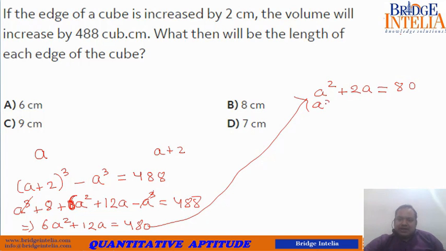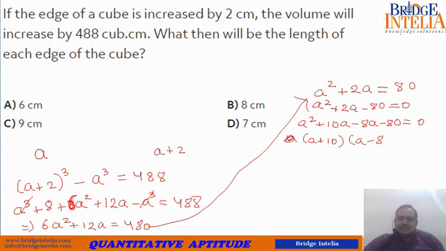So A square plus 2A minus 80 is equal to 0. So from here, A square plus 10A minus 8A minus 80 is equal to 0. So A into A plus 10, you see this is A plus 10 into A minus 8 is equal to 0.